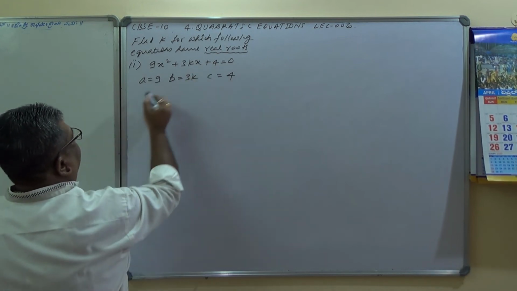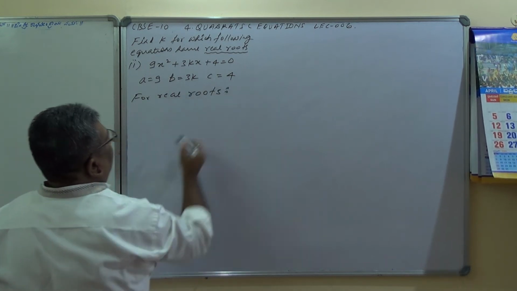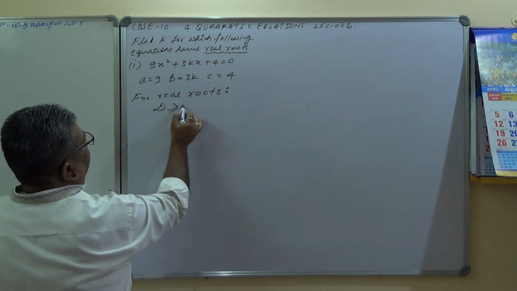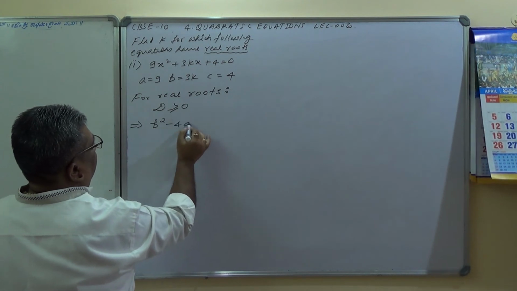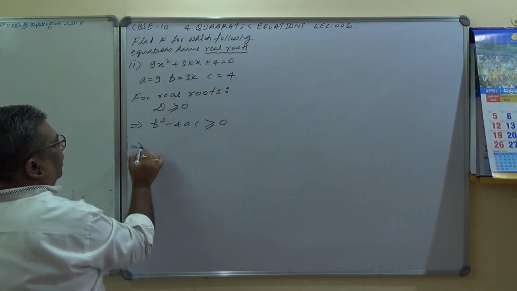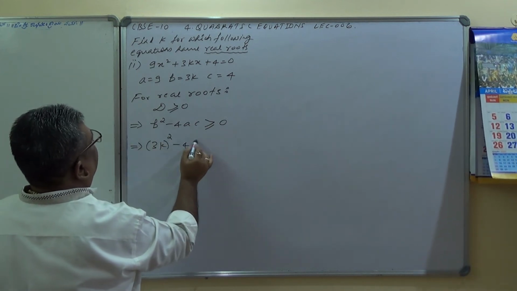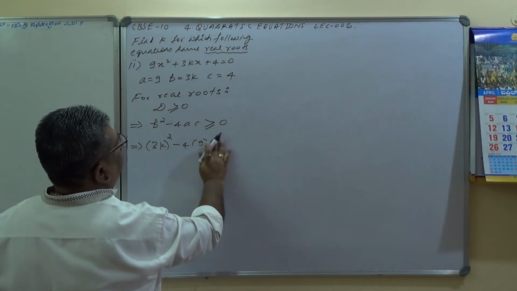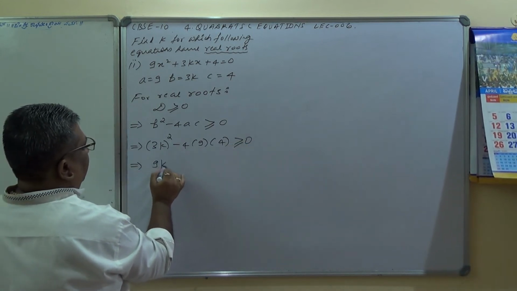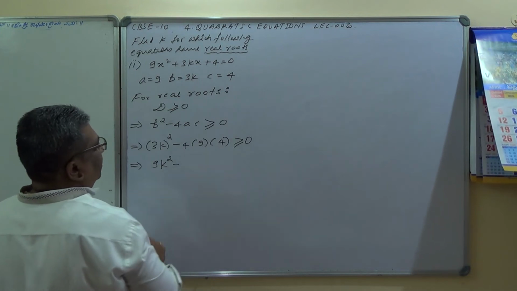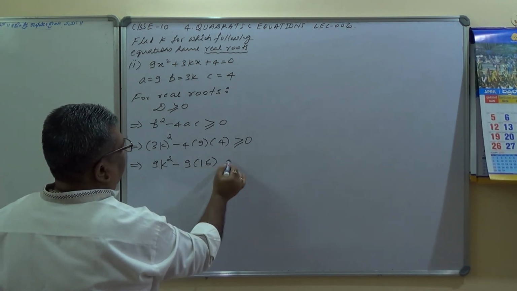So given for real roots, D should be greater than or equal to 0, implies this is 9k square minus 16, greater than or equal to 0.